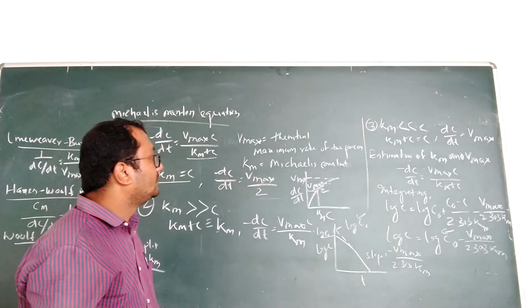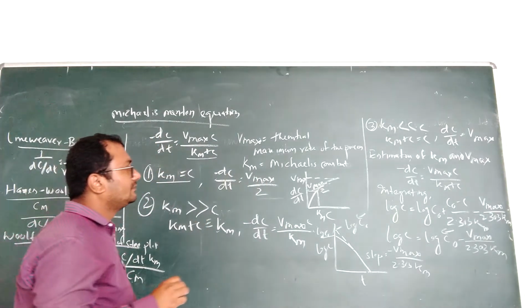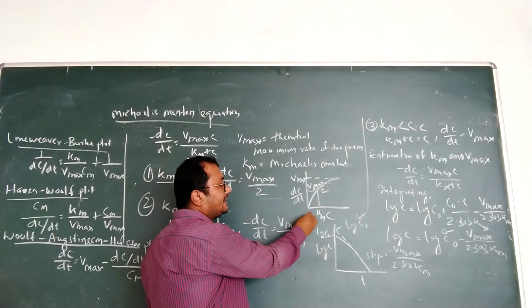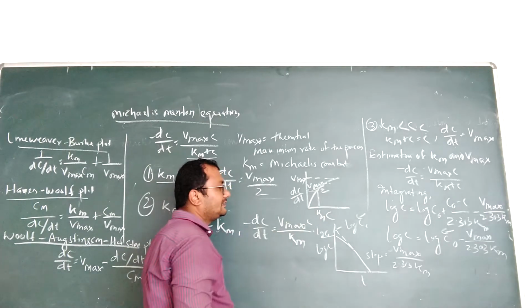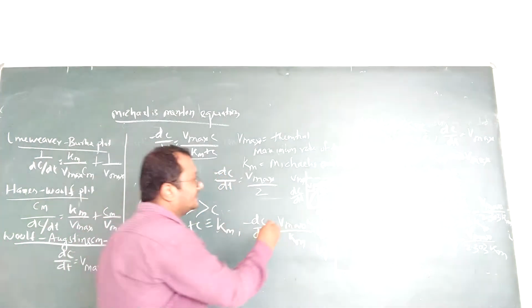Now these are the Michaelis-Menten equations, and if you draw the graph, you take dC by dt on the y-axis and C on the x-axis.